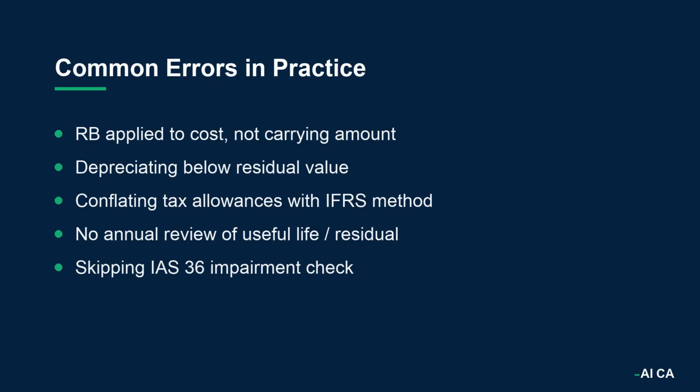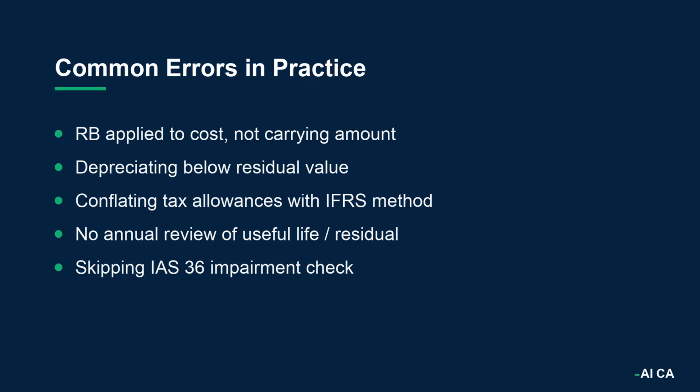A few common pitfalls worth flagging. Applying the reducing balance rate to cost rather than carrying amount is a persistent error. The rate must be applied to the opening carrying amount each year. Forgetting to stop depreciating once the carrying amount equals the residual value is another classic.